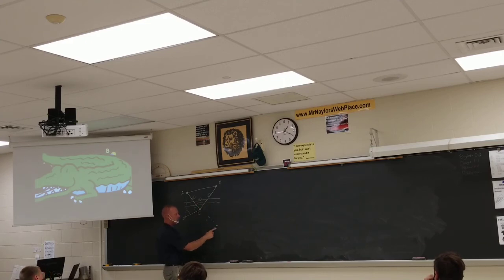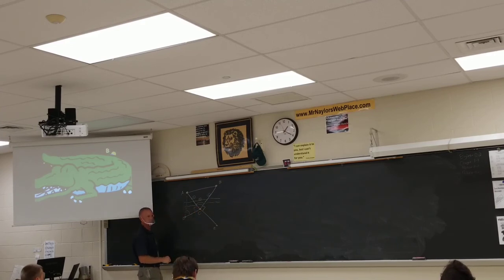So the location of point E will be kind of interesting during the lab, because you could place it anywhere as long as you get a right angle here. And that you will do, so you can measure, and measure.